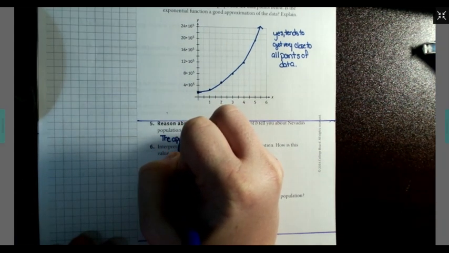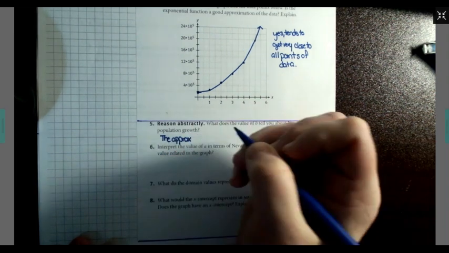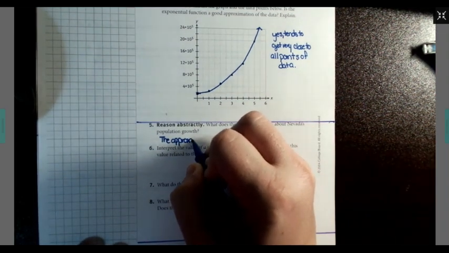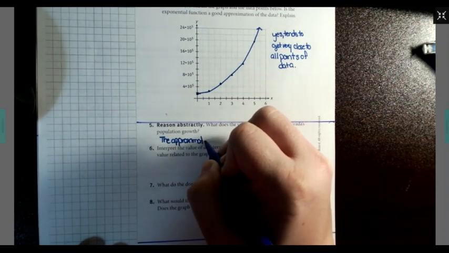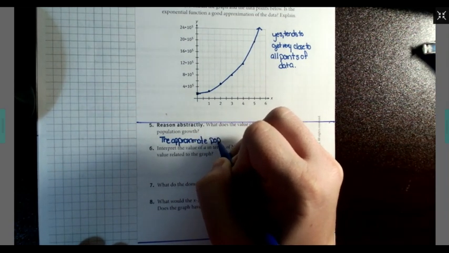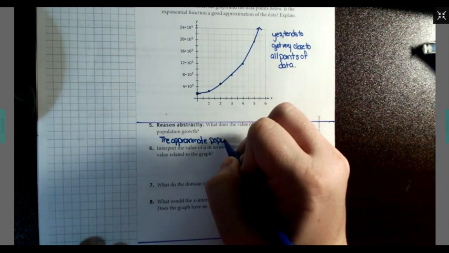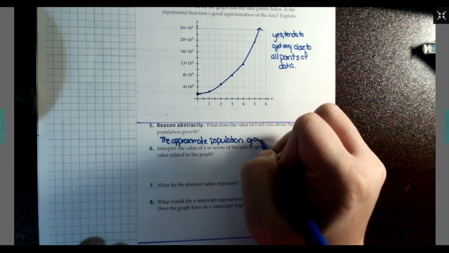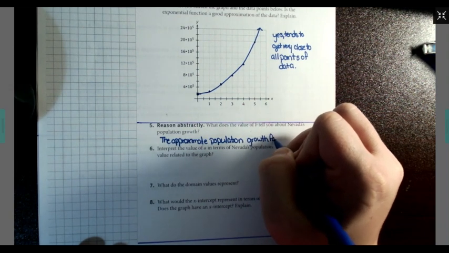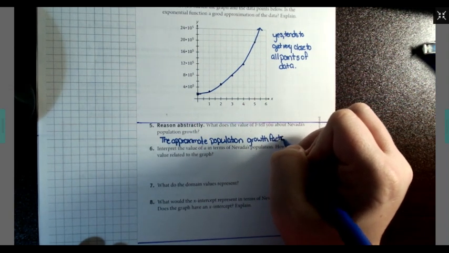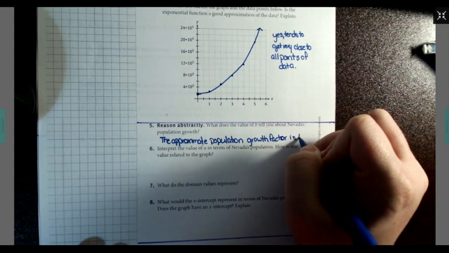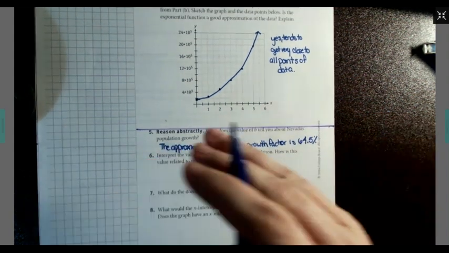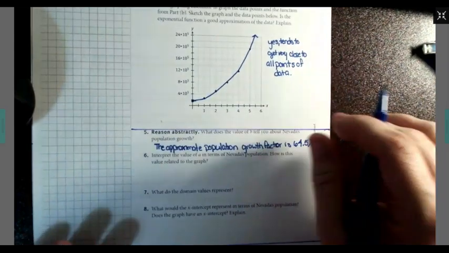The approximate population growth factor is 64.5%. Remember, it's that 1 minus the decimal.